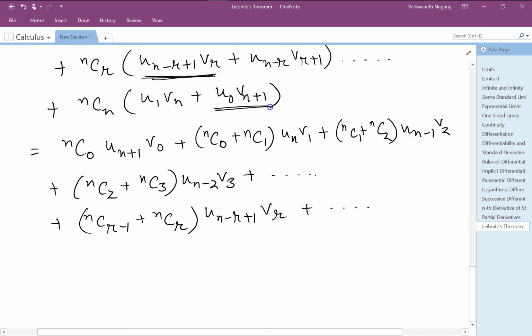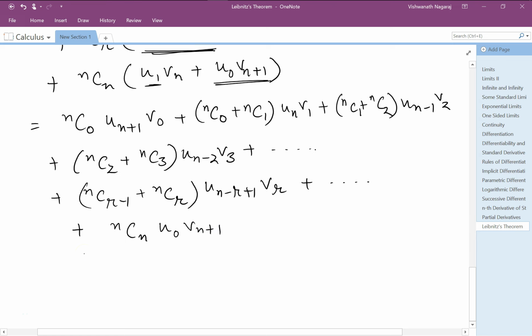Now let's look at this. That's the final term, and the previous term to this is lost in the dot dots. Okay, so we just take the final term now. So ncn u0 vn plus 1. Now there must be some way by which we can simplify this.